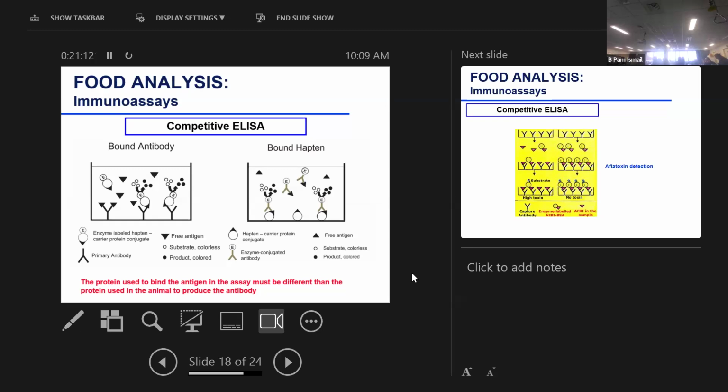So again, it's competition, the same principle, but here you have the capture antibody bound, and here you have the hapten, the carrier protein, with the molecule of interest bound. That is the reagent that you get, whereas these three triangles are the molecule you have in your sample. Any questions?